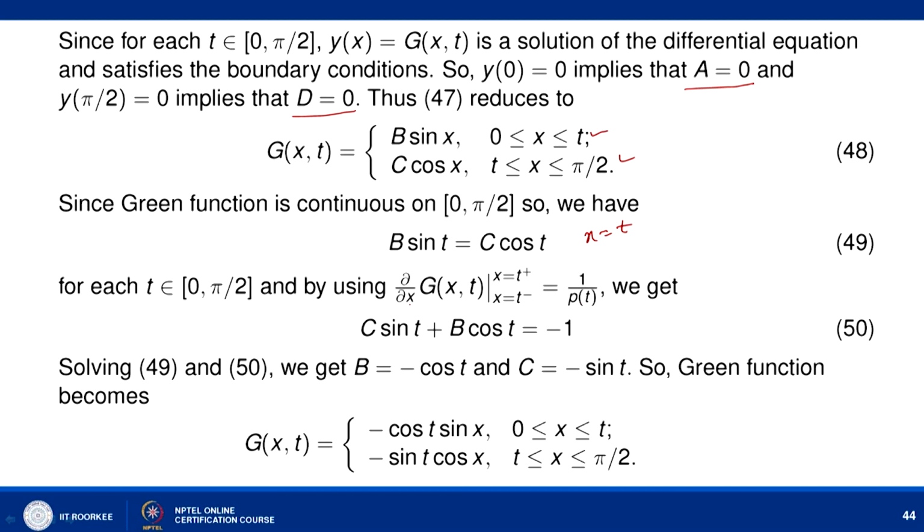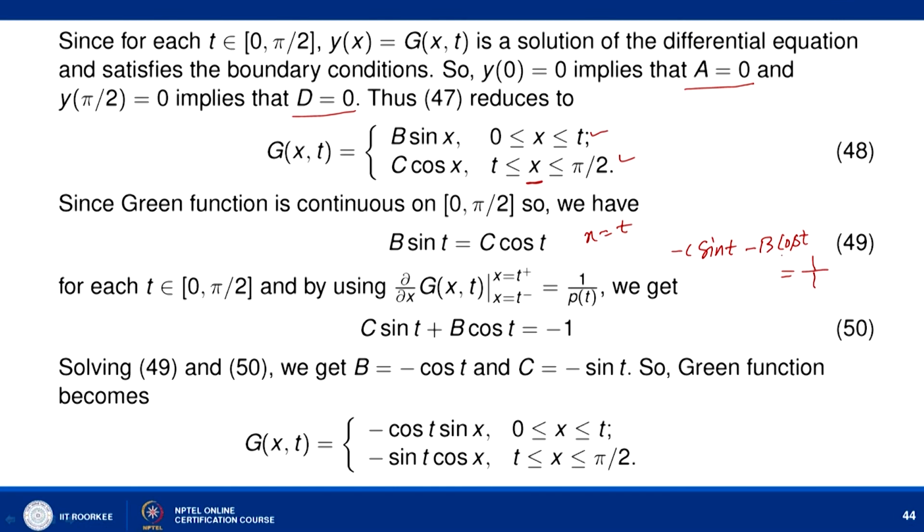Looking at dG/dx at t plus, which is this, we get minus c sin t, at x equal to t, minus b cos t equal to 1 upon p(t), and p(t) is basically 1 here, so it is 1.